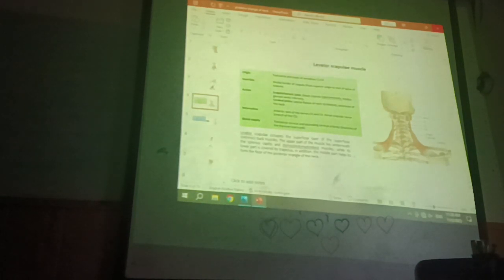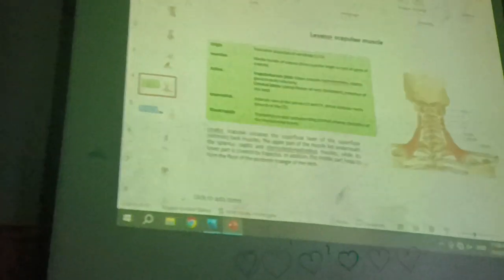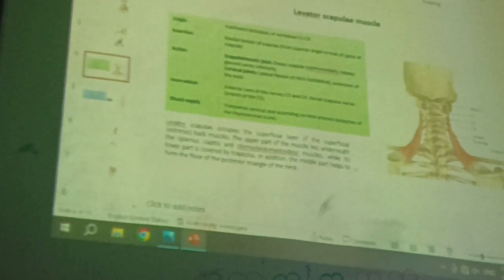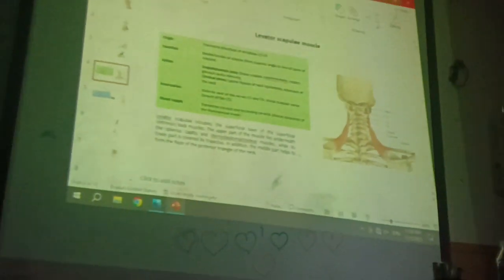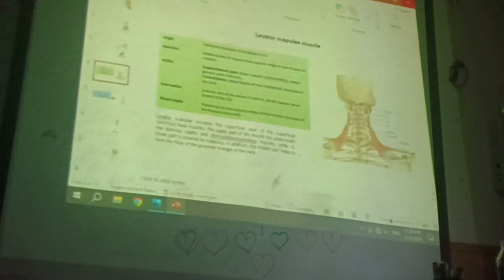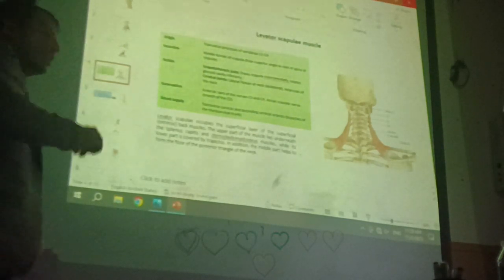The dorsal scapular nerve is a branch of the brachial plexus, not the cervical plexus. The first root of the brachial plexus makes the dorsal scapular nerve. Also, C4 and C5 give some innervation to this muscle.